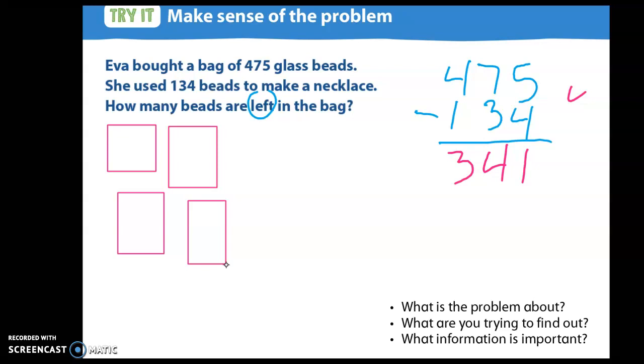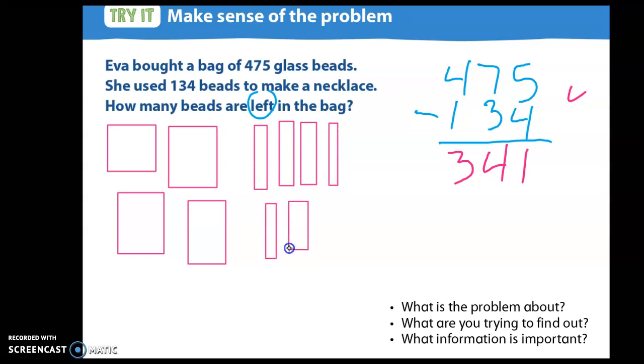That would be the skinny ones like this. 1, 2, 3, 4, 5, 6, and 7. And then how many 1s? 5. 1, 2, 3, 4, 5.